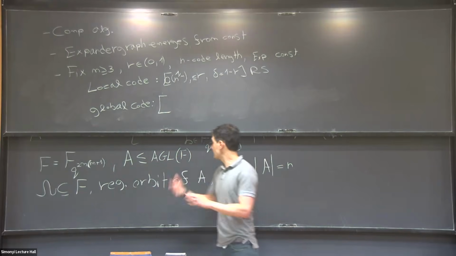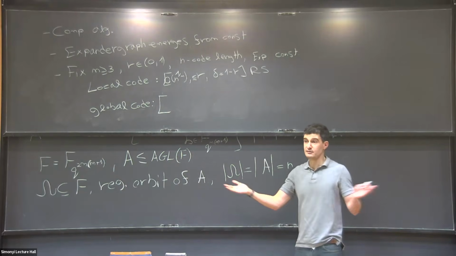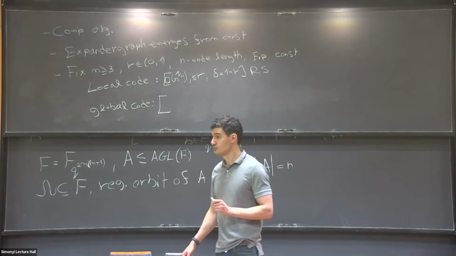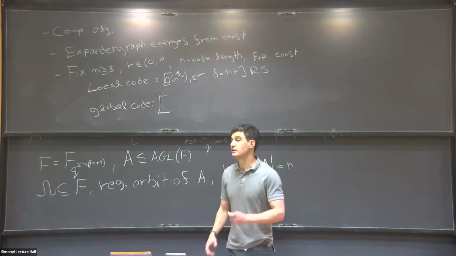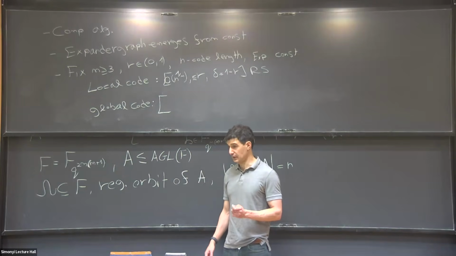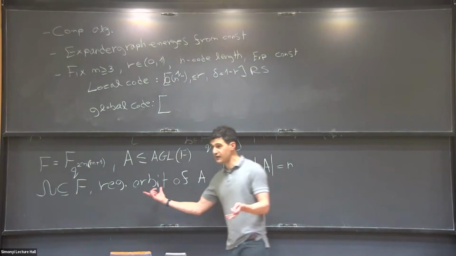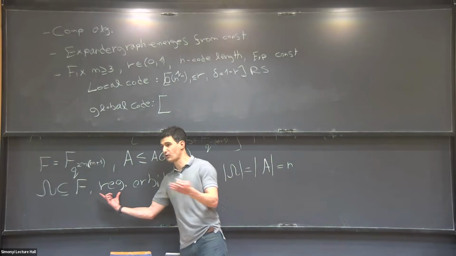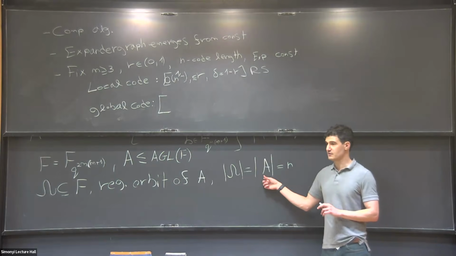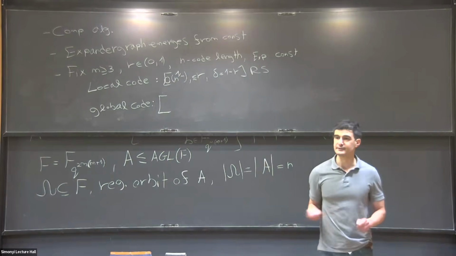The subgroup also acts on the field F, and then it partitions the field into orbits, meaning if you start with some element in the field and act on it by elements of A, you get an orbit. Exactly. It's not the entire field, it's subsets of the field. And since it acts regularly, I know that there exists one that is a regular orbit. I know that the size of the orbit equals the size of the set A, because no element here stabilizes an element, since you move all the time.